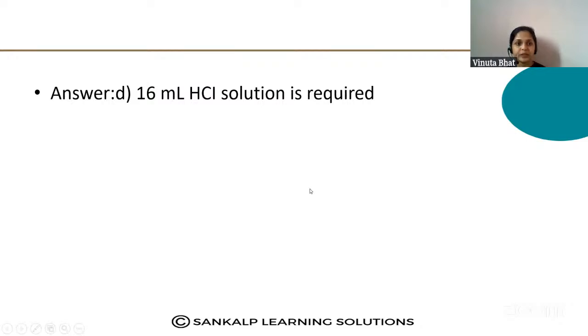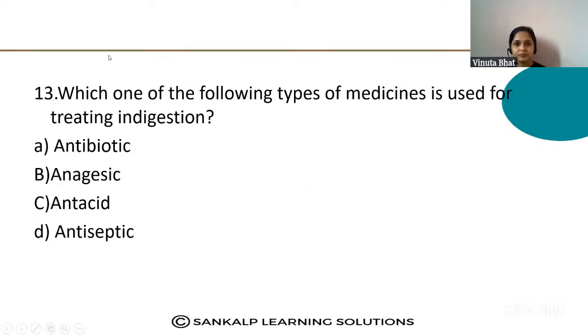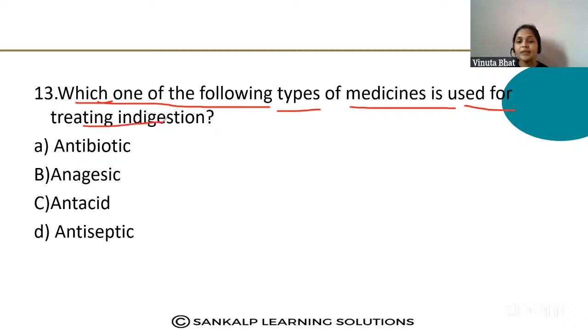Yes. Next question. Which one of the following types of medicine is used for treating indigestion? So when indigestion occurs, which of the following types of medicines are used? Antibiotic, analgesics, antacids, antiseptic. Here antibiotic is used against bacterial diseases.